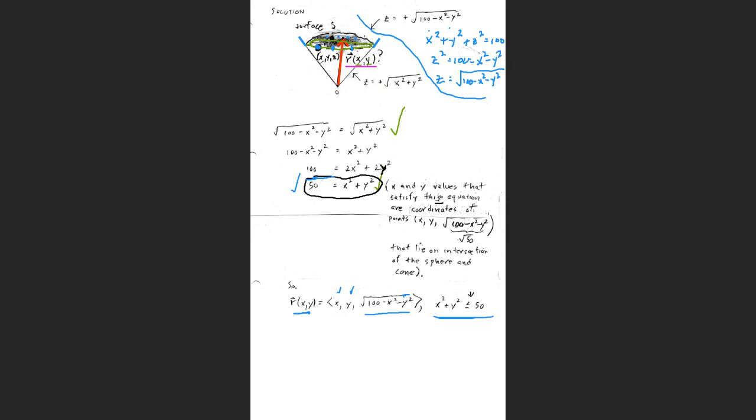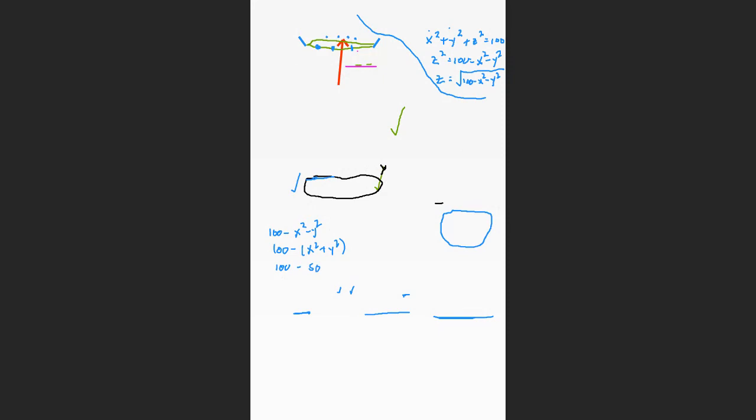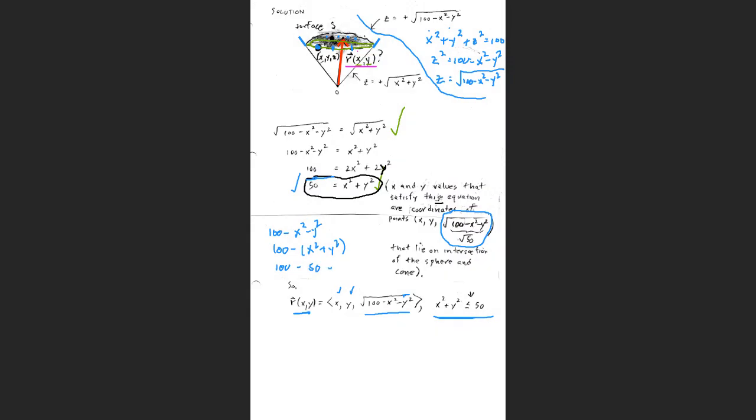The z coordinates would be greater than the square root of 50, because along the boundary, that intersection, the z coordinates would all be the square root of 50, because 100 minus x squared minus y squared is the same as 100 minus x squared plus y squared, and that is 100 minus 50, which equals 50.